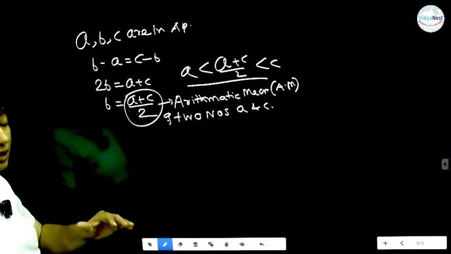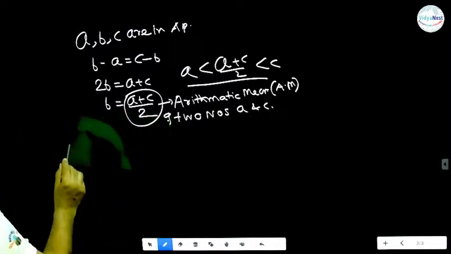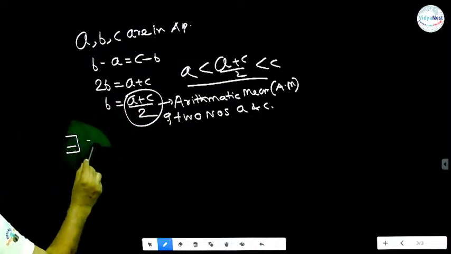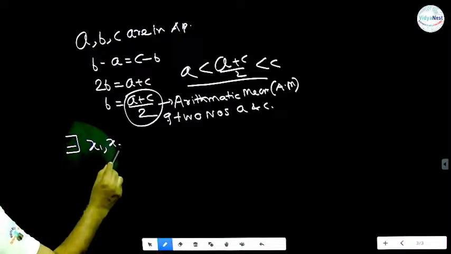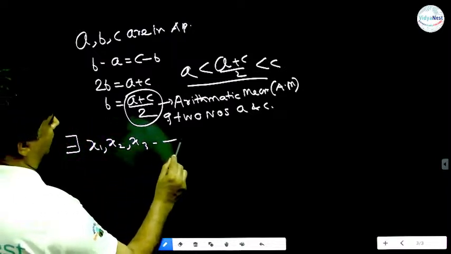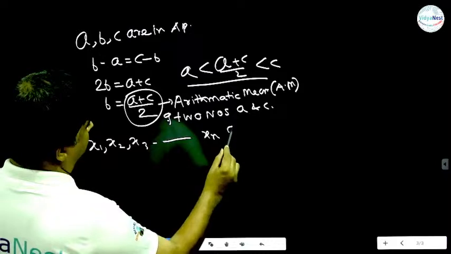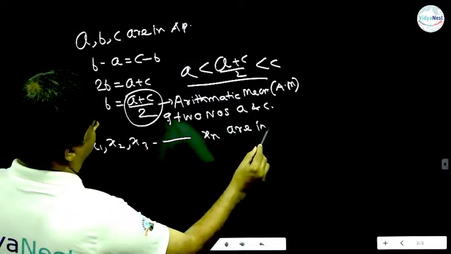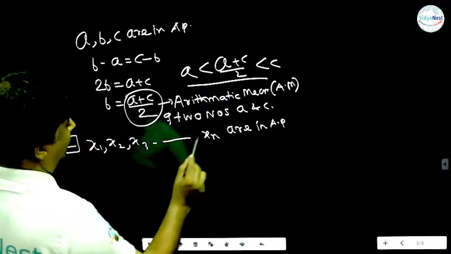Now in case of n numbers, suppose there exist n numbers in a series. Well, what is the arithmetic mean?